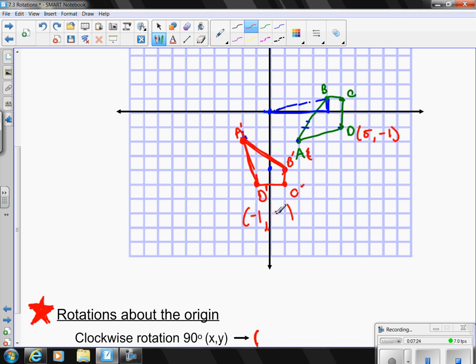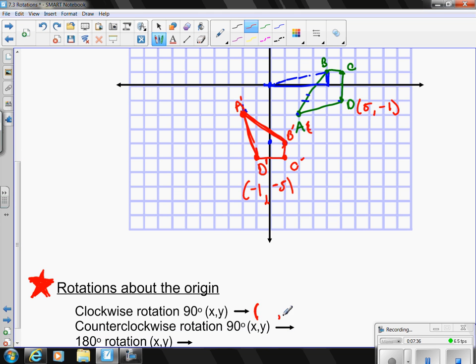Same numbers almost. And if you look, your x coordinate went into your y coordinate spot and became negative. And your y coordinate just moved into the x coordinate spot. That's what happens to your coordinates when you do a 90-degree rotation. So for example, C here is at the point 5, 1.